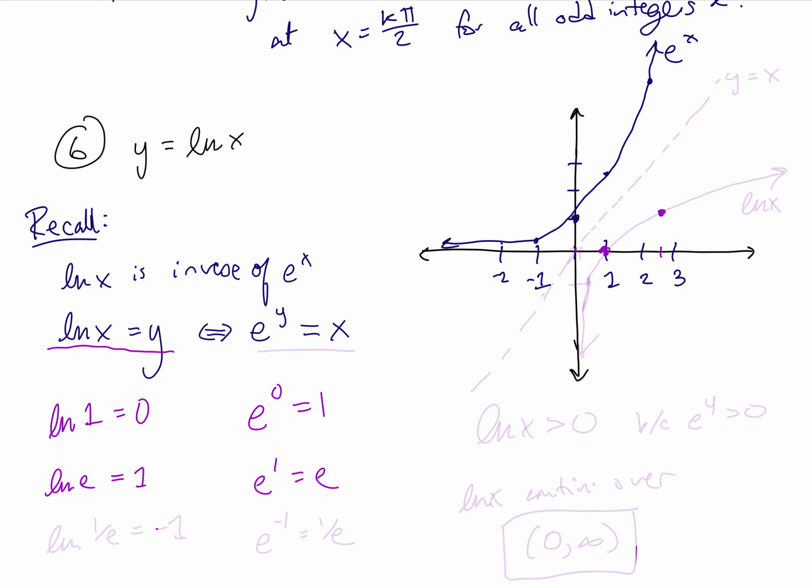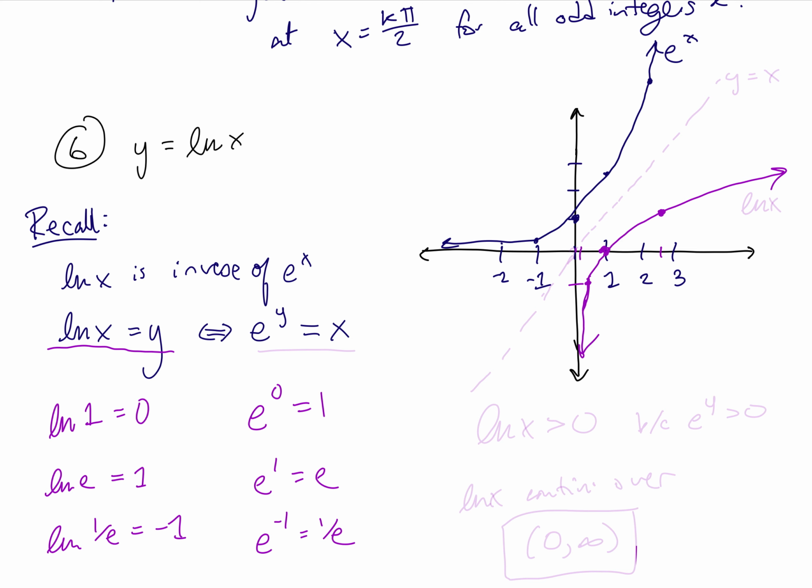And e to the negative 1 equals 1 over e means natural log of 1 over e is equal to negative 1. So if we look at 1 over e, a small number, we'll have negative 1 as our output. And basically, our function will end up looking like a curve like this.